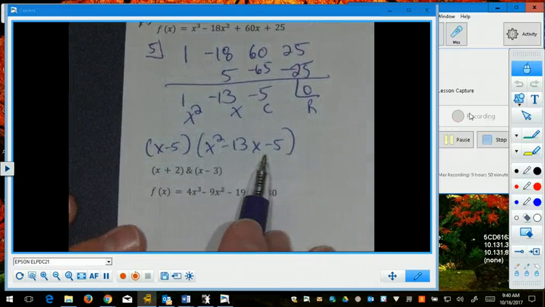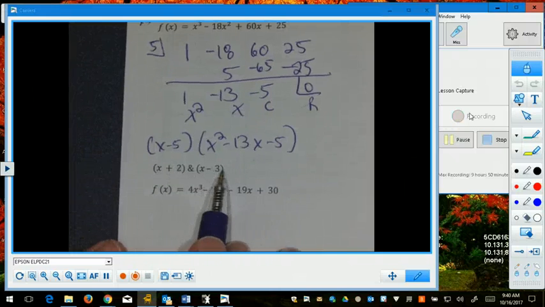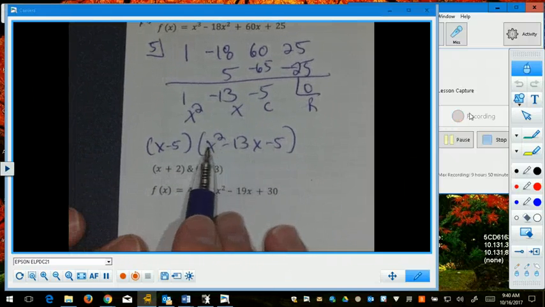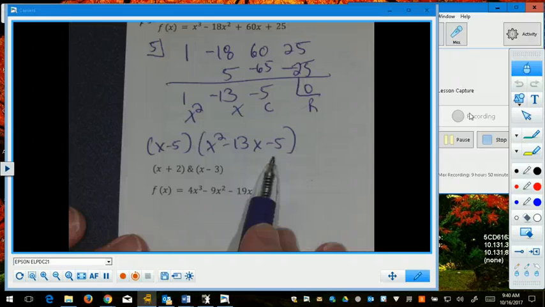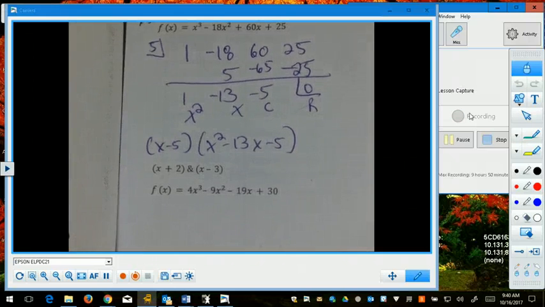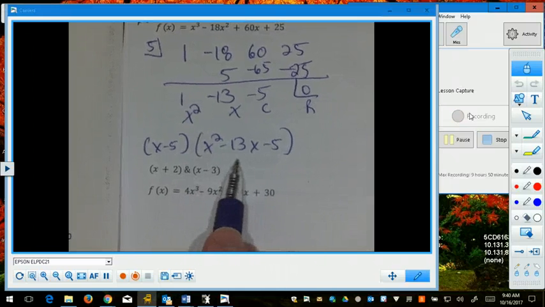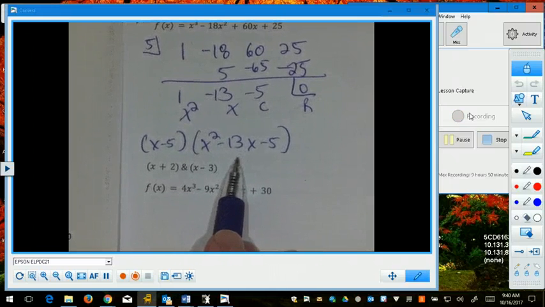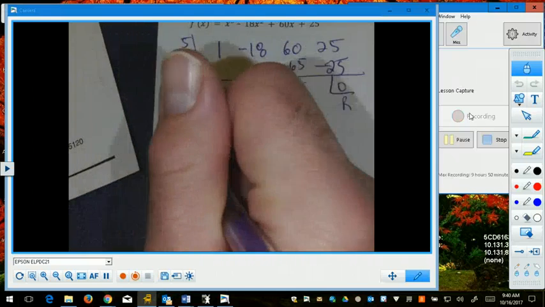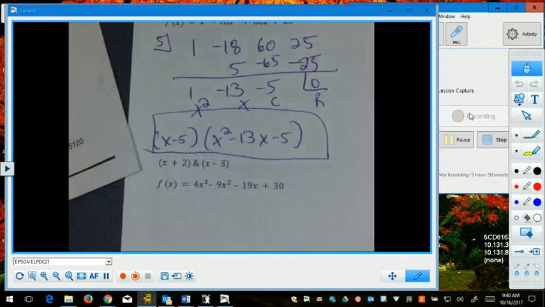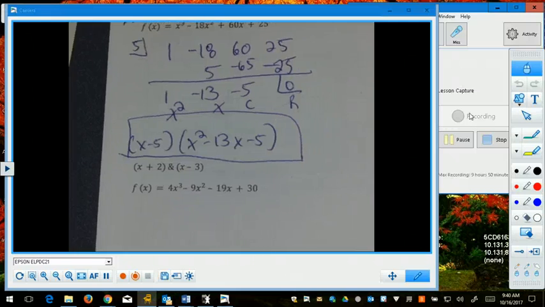And I would try to factor that further and list all 3 factors, but this one is not factorable. If you did the discriminant, negative 13 squared minus 4 times 1 times negative 5, it's 189. So it's not factorable. Those 2 are going to be real answers, but they'll be irrational. So I'm just going to leave this as my answer. I can't factor it any further unless I find the zeros.